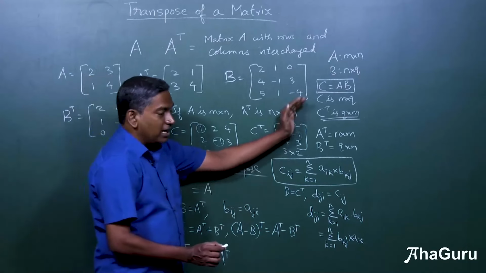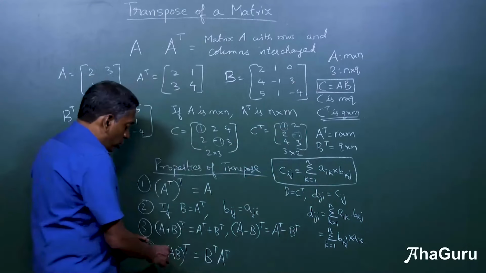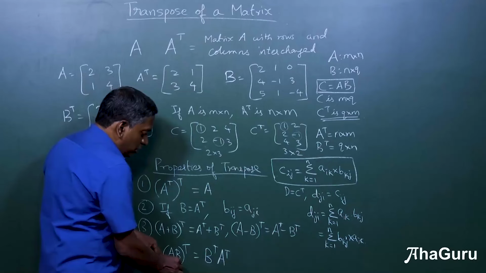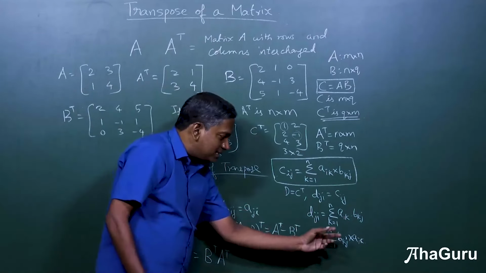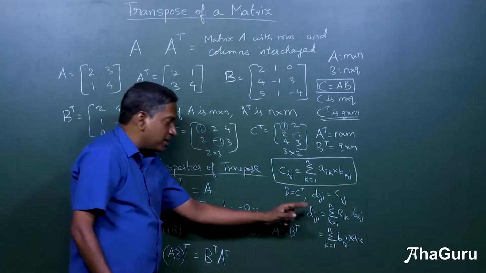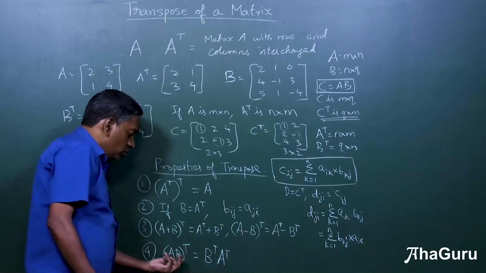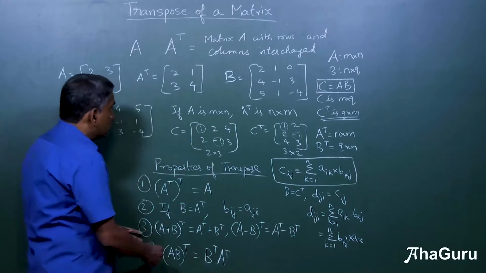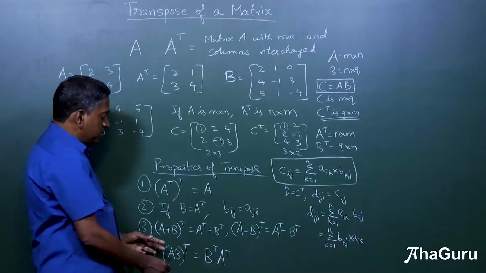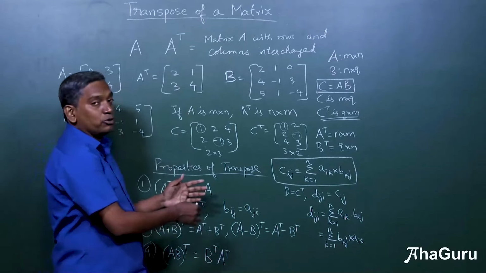Well, I haven't given a full rigorous proof, but I hope you can see that first of all the order matches, and if you write the expressions you can see that because ij becomes ji, it does give an expression similar to what you will get if you do B transpose times A transpose. Okay, so these are some of the properties of the transpose operation.